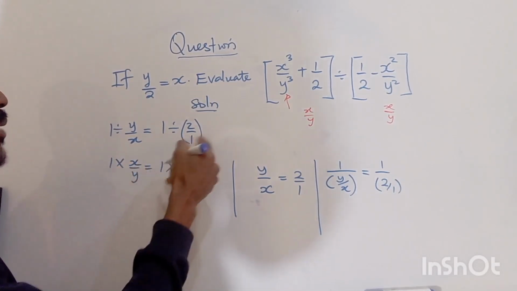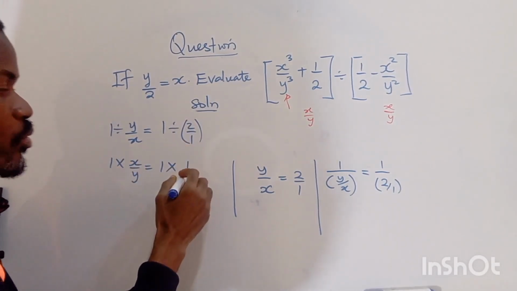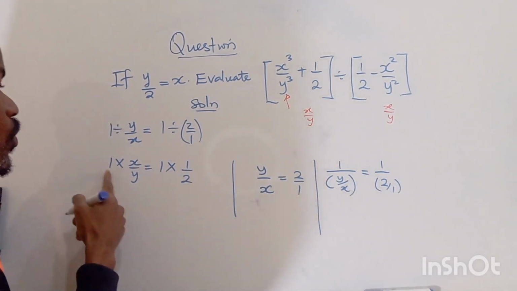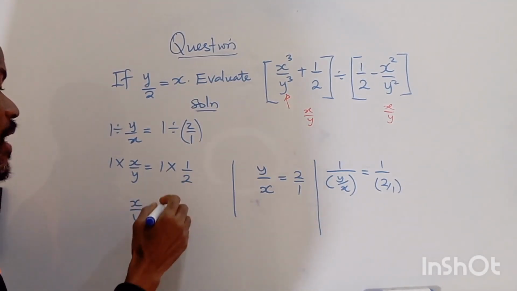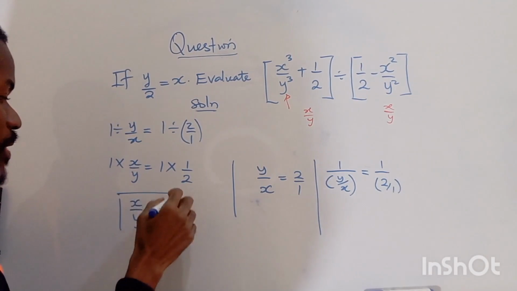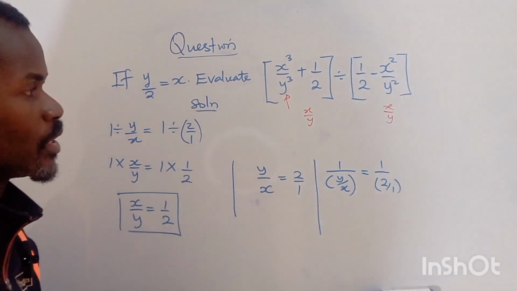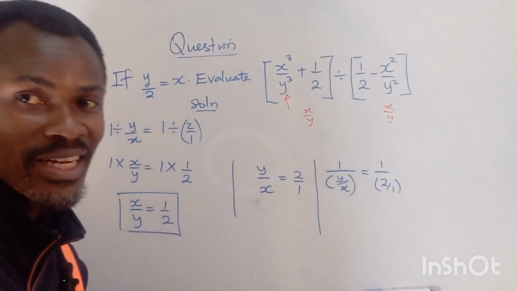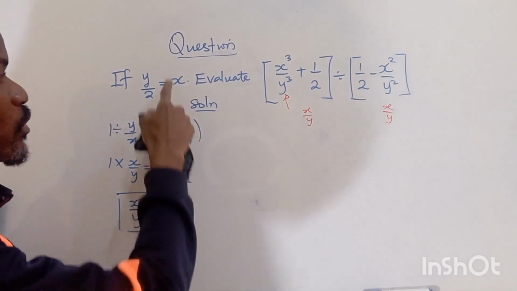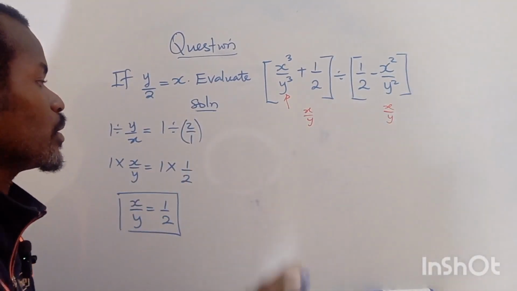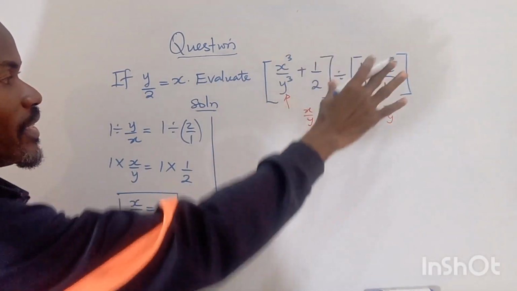This is going to be 1 times, we are going to reciprocate this, which is going to be 1 over 2. So 1 times this is x over y, which is equal to 1 times half, which is still half. So now we have gotten this. So our x over y is actually 1 over 2.